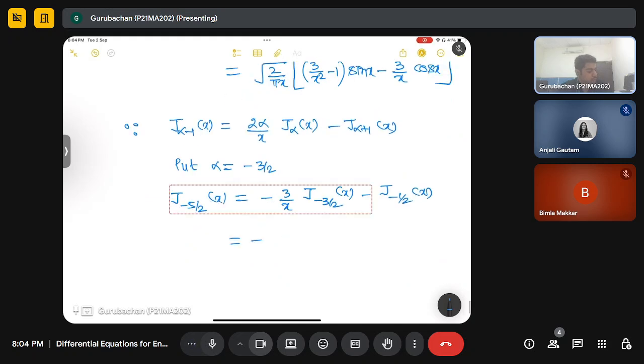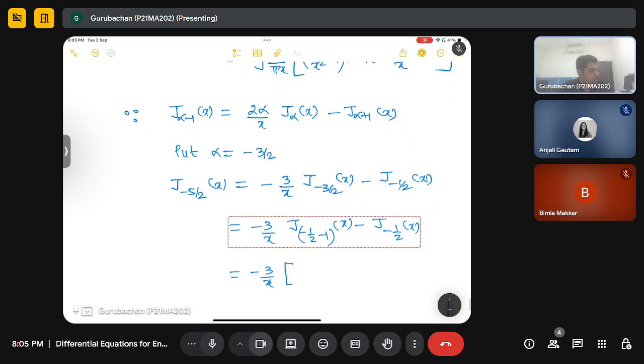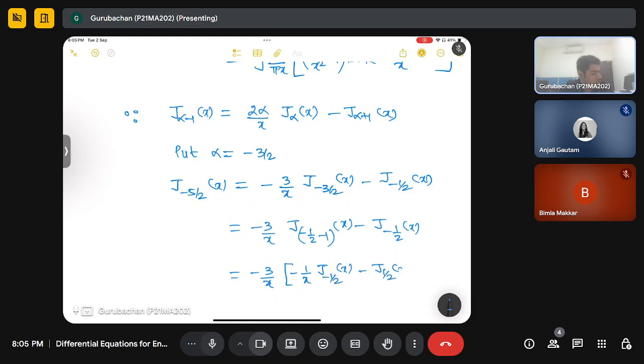If you solve it, minus 3 by x, you may rewrite as minus half minus 1 of x minus J minus half of x.